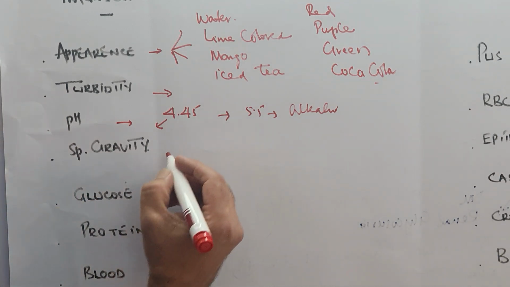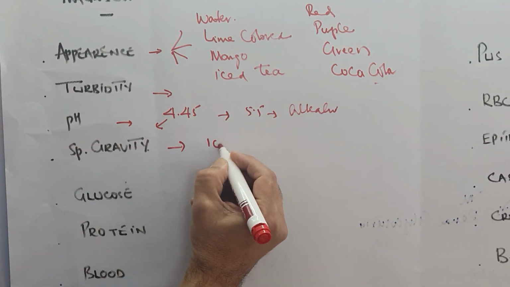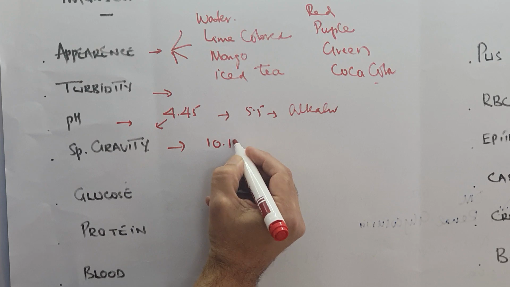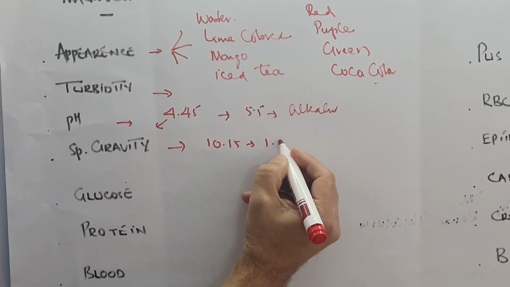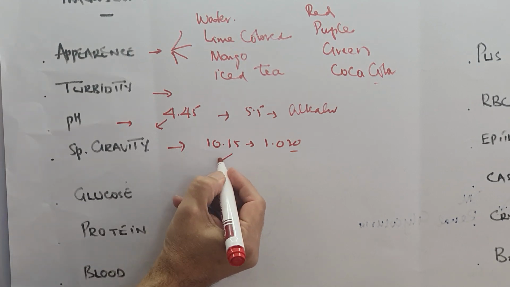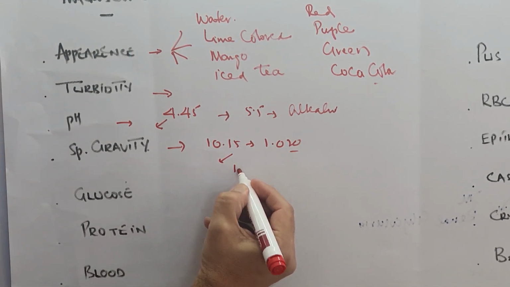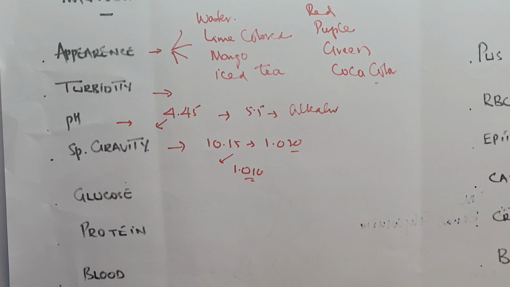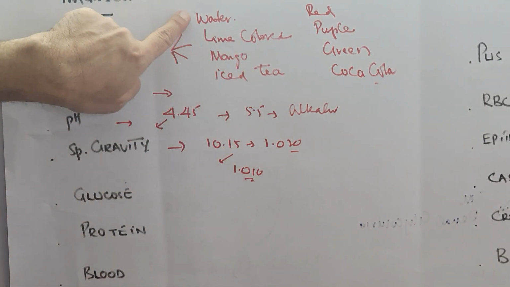Specific gravity, the normal urinary specific gravity ranges between 1.015 to 1.020. This is the normal one. A specific gravity of urine of less than 1.015, that is 1.010, means that this is as clear as water.